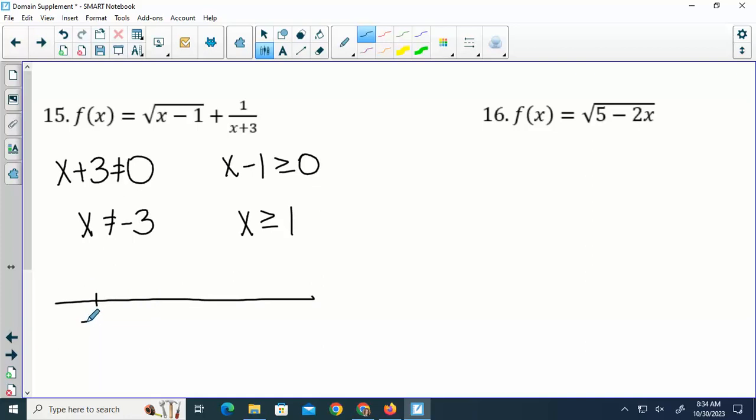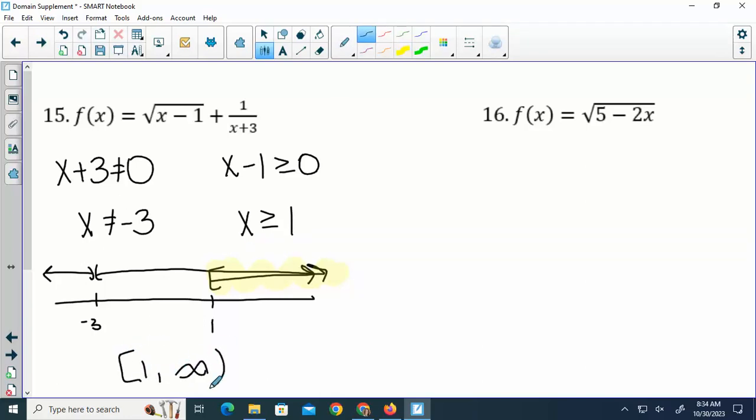Drawing the number line is completely optional, but if it helps you, do it. Greater than or equal to 1 looks like this. Not equal to negative 3 is everything except negative 3. What's my overlap? What works for both of them? If you're greater than 1, can you equal negative 3 anyway? No. So it's just bracket 1 to infinity.